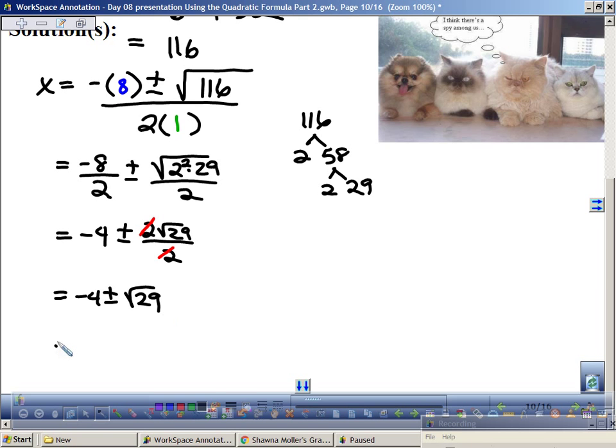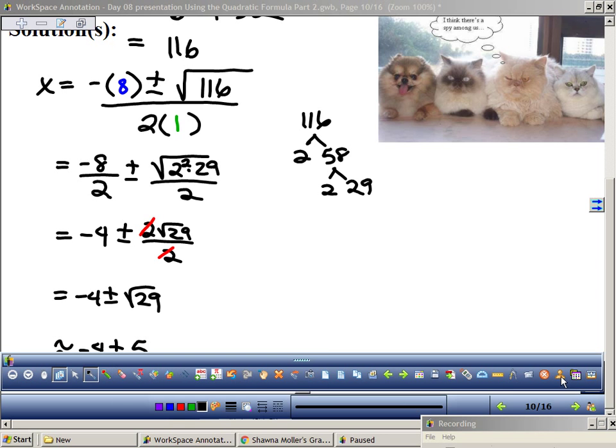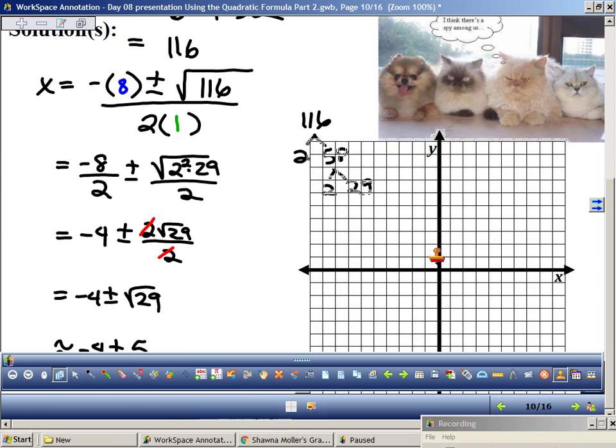And then you say, but Mrs. Muller, I don't know what that looks like. What would that look like on a graph? What number is pretty close to 29? No, that's a square. 25 would be closer. So we'd say it's about plus and minus 5, about. I just want to graph that really quick.